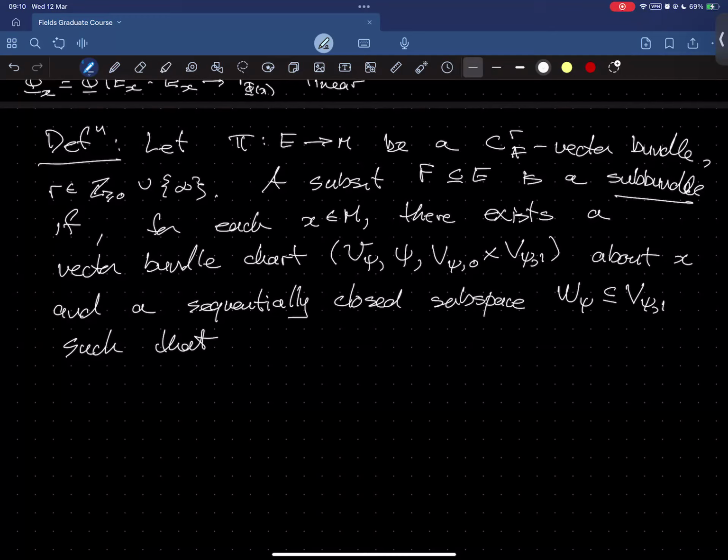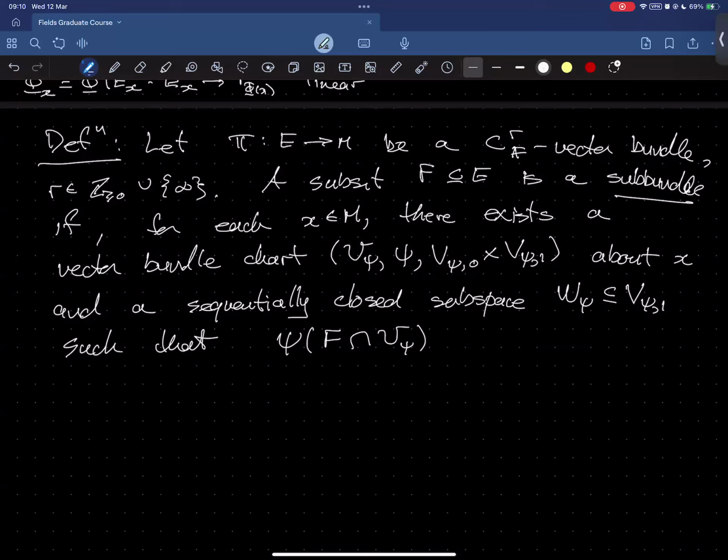Okay, and the condition is rather like a submanifold type condition. So it's psi of, okay, so you take the points in F which lie in your chart domain V psi, okay?